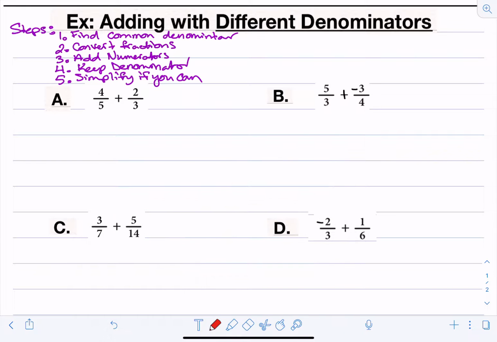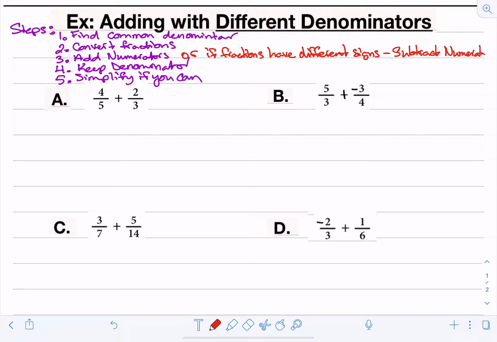And once again, for step 3 on adding the numerators, if fractions have different signs, once again, you will subtract numerators and use the sign of the bigger number, just like we did in step 5 above, okay?